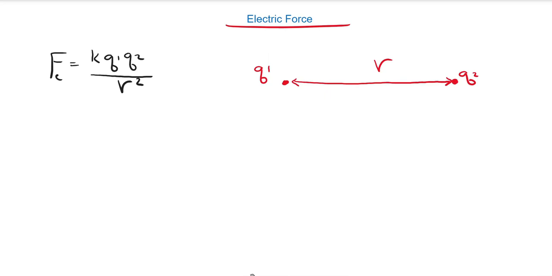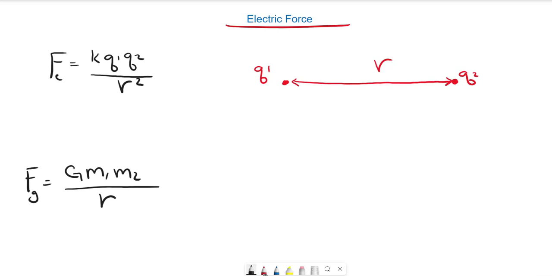This actually works really similarly to the gravitational force. If you're at the point where you're studying the electric force, then you have most likely also already run into the gravitational force, which is the force equals the gravitational constant times mass 1 times mass 2 over r squared, the distance between the masses.